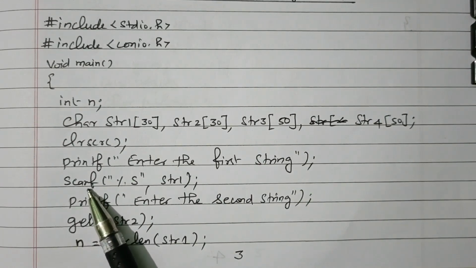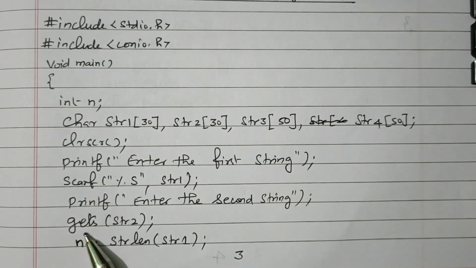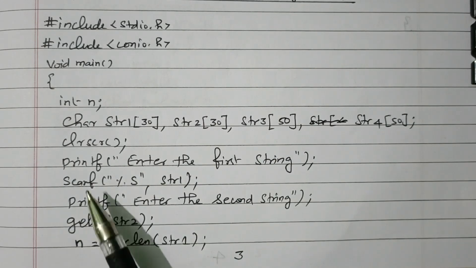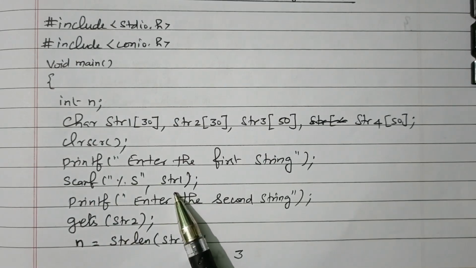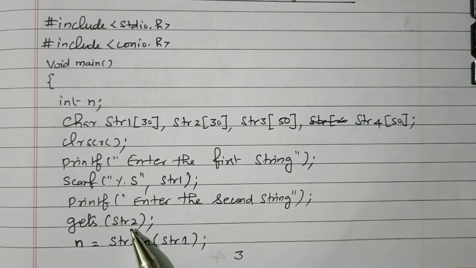Scanf is one type of function to read characters from the user. The gets function is also used to read a string from the user. Gets is very similar to scanf. String 1 is scanned by the scanf function, and string 2 is scanned by the gets function.